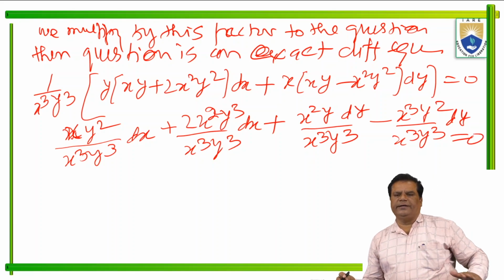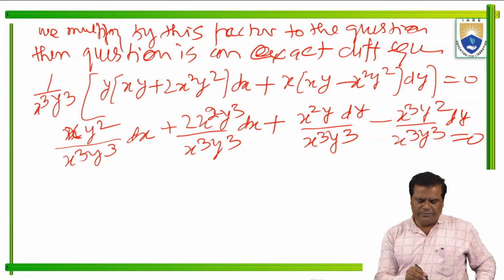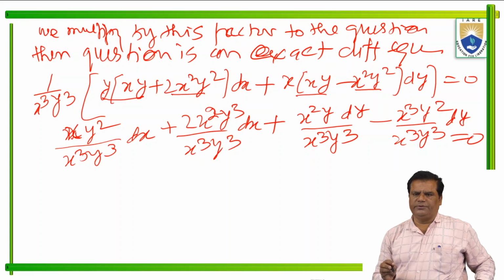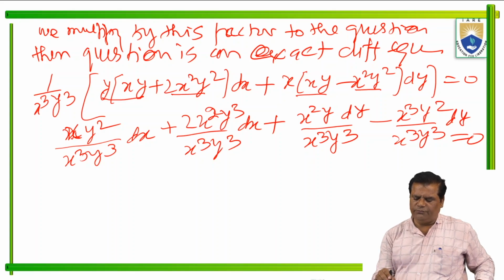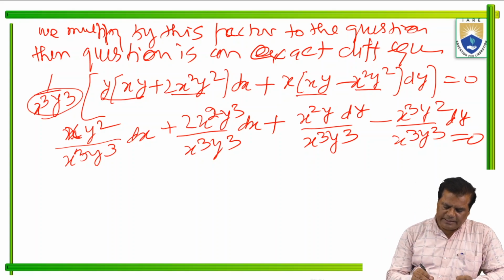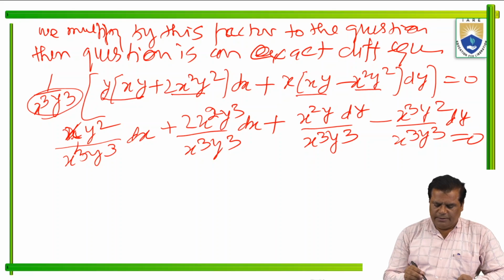Every term we break here. Every factor we multiply this into this. There are 4 terms, 1, 2, 3, 4, every one divided by this term. So what happened? Here x cancels and y square cancels.